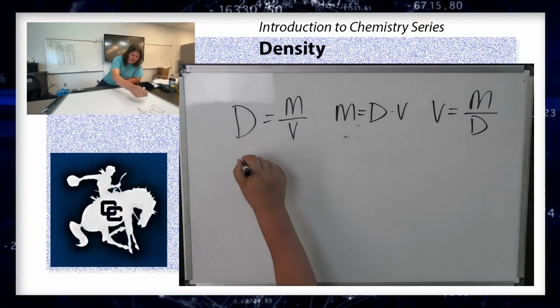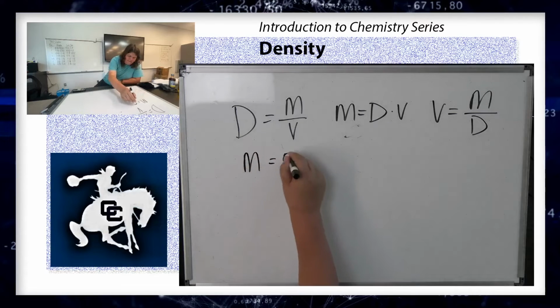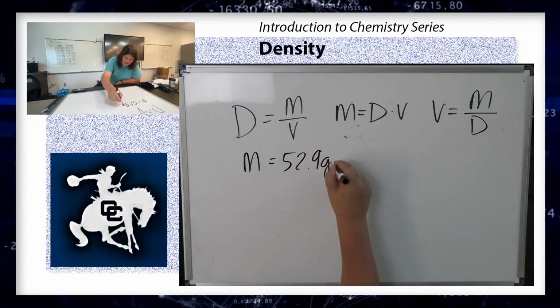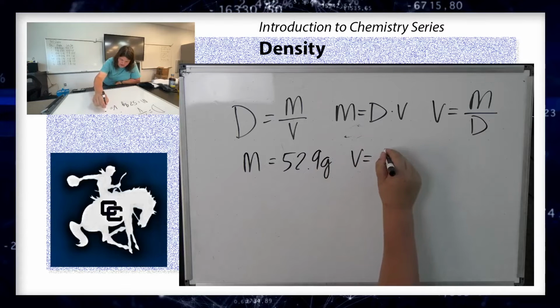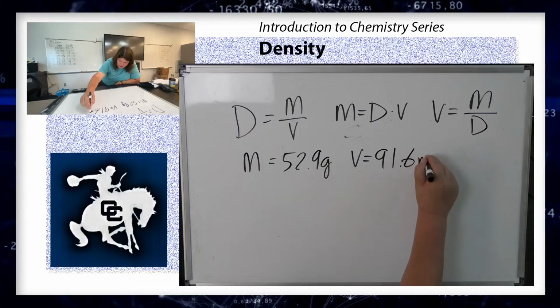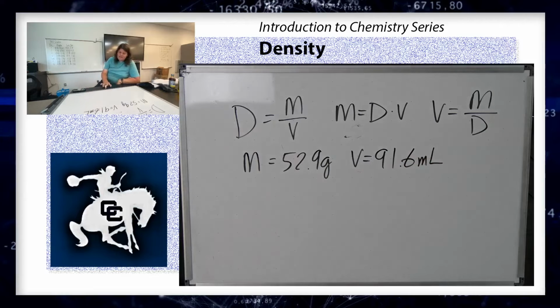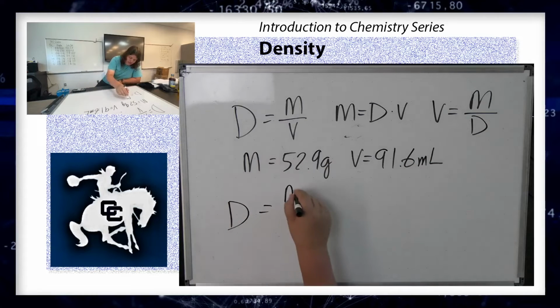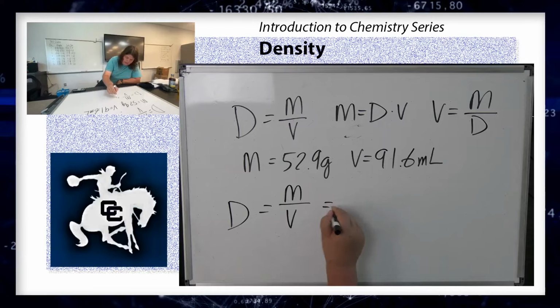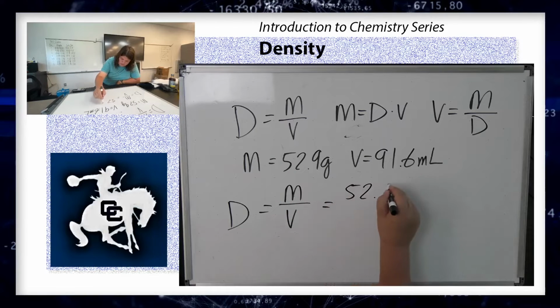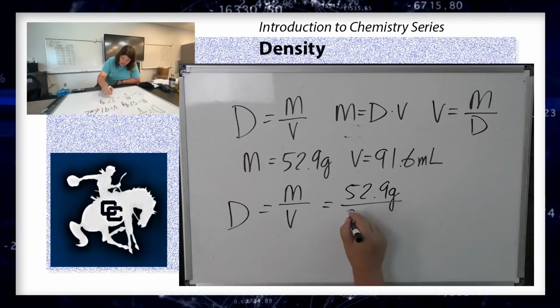For example, let's say I have a mass of 52.9 grams and I have a volume of 91.6 milliliters. To find density, I go ahead and start by writing the density equation, mass over volume. I then plug in the values, 52.9 grams over 91.6 milliliters.